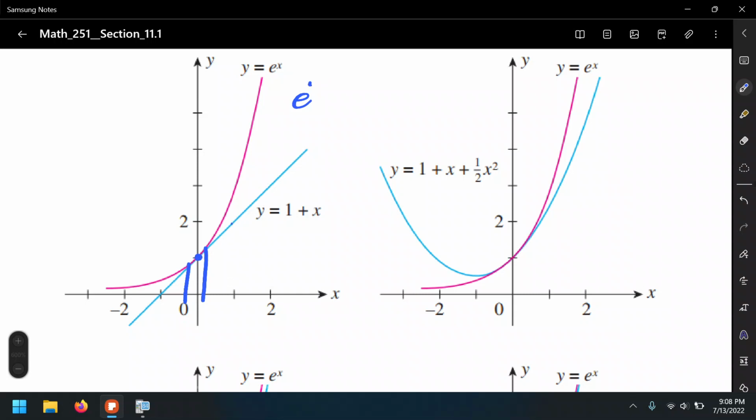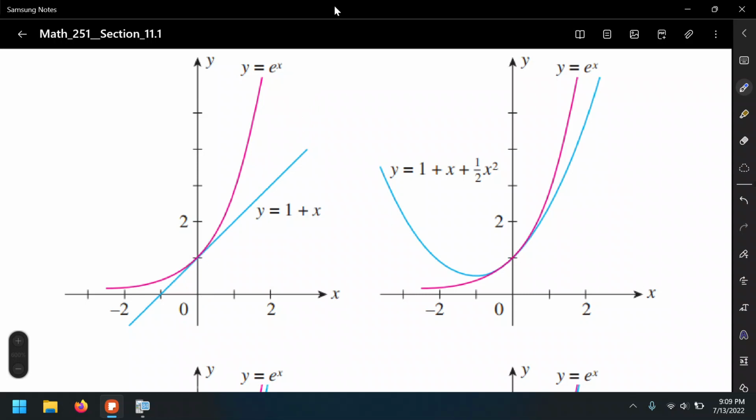Do you see right here that the values on both the linear function and the curve start to diverge? They're no longer as close, the actual versus the approximate. So in this case, we will have to do something else. And that something else is to use a Taylor polynomial.